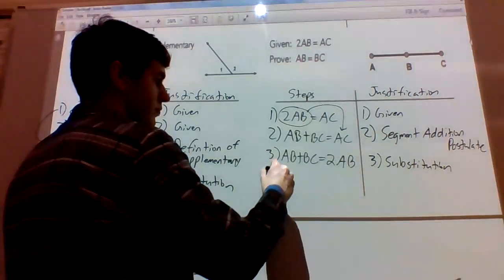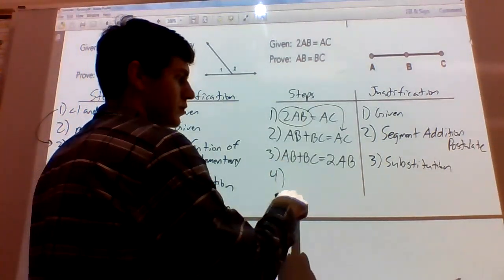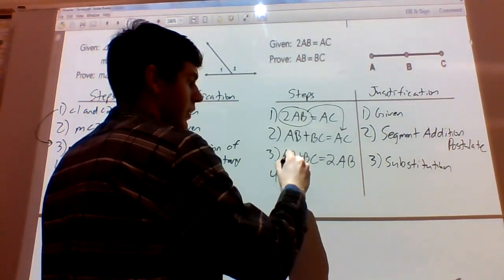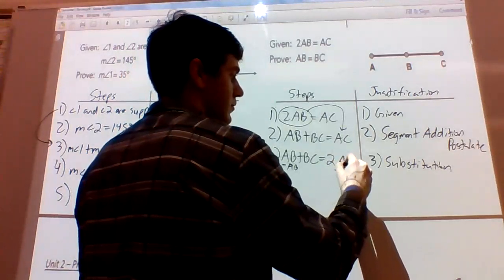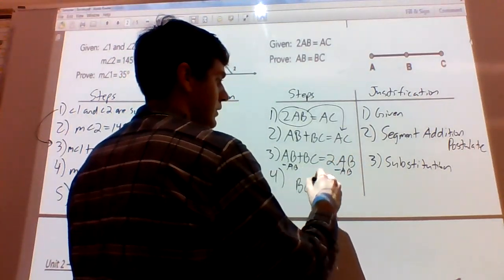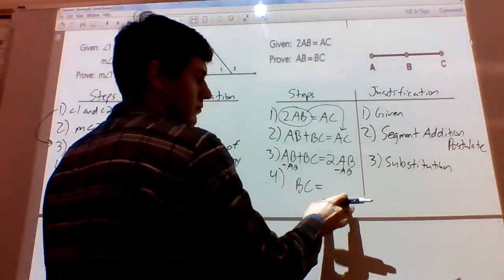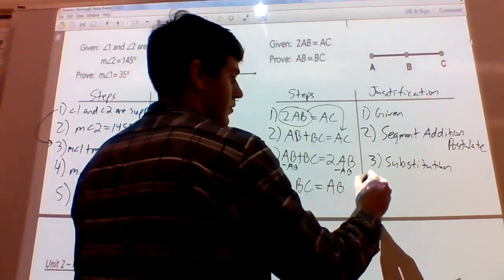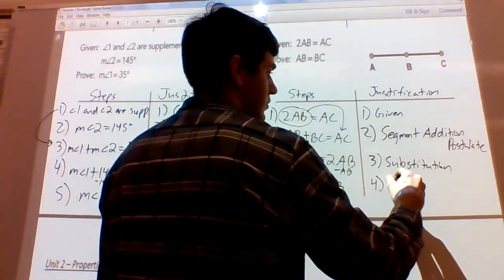Now we can subtract AB from both sides. Then we get BC equals AB. This was done by subtraction.